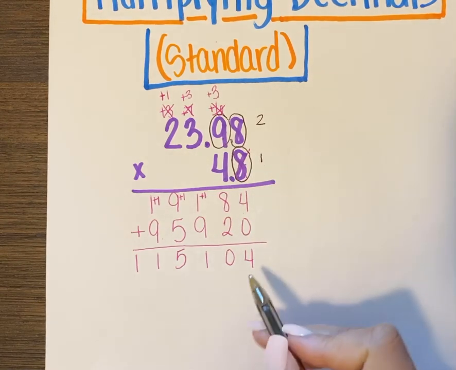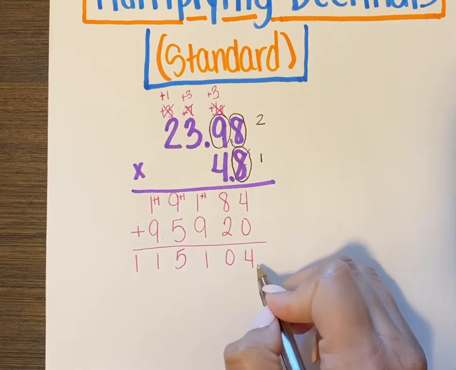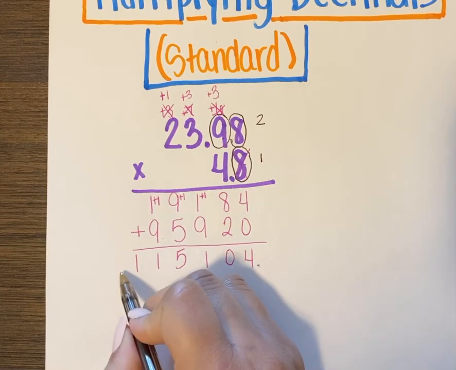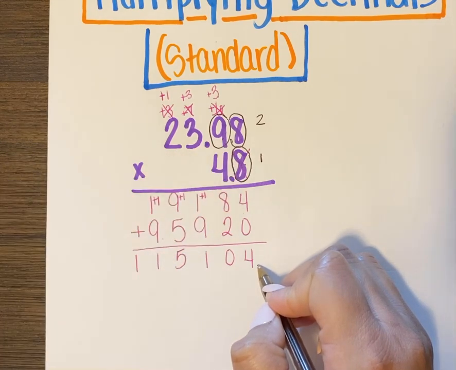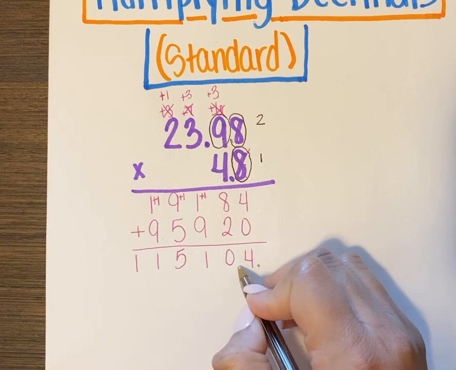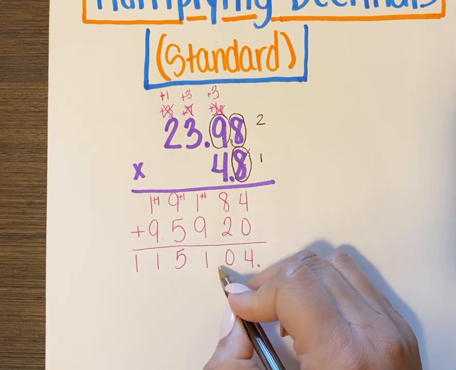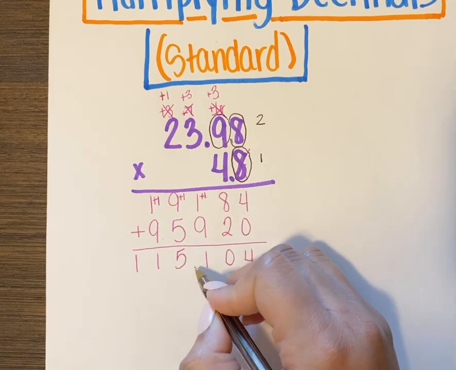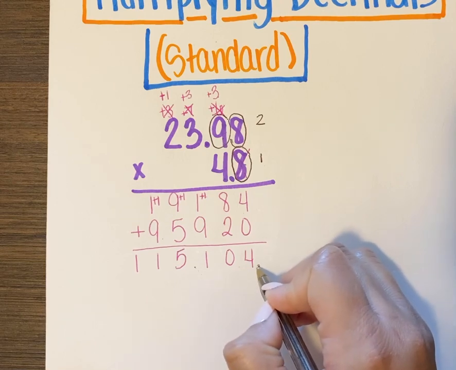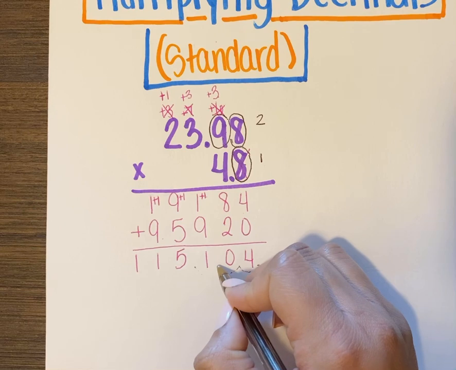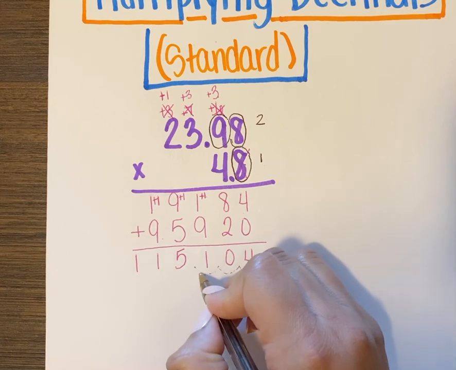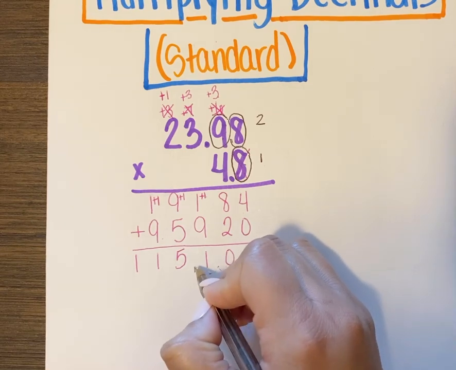Okay, so start at the right. Always start at the right. Do not start over here. Start at the right, and we're going to hop over 3 places. 1, 2, 3. I'll do that again. 1 place, 2 places, 3 places.